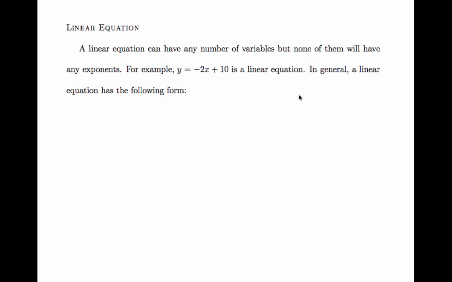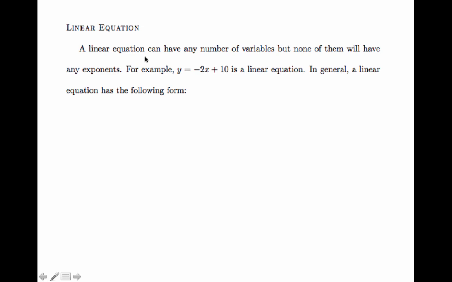A linear equation can have any number of variables, but the identifying characteristic of a linear equation, I think you know this already, is that none of the variables will have any exponent. For example, in this linear equation, y equals negative 2x plus 10, neither x nor y has any exponent. So this is an example of a linear equation.